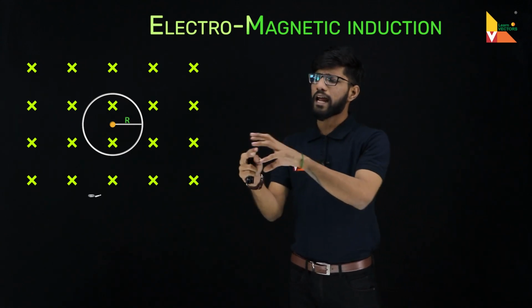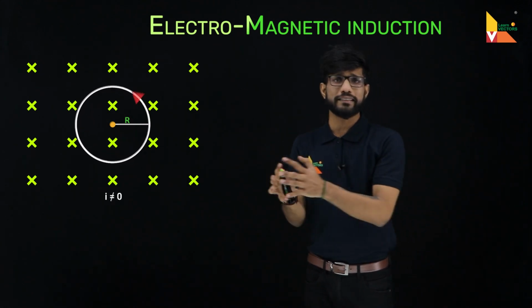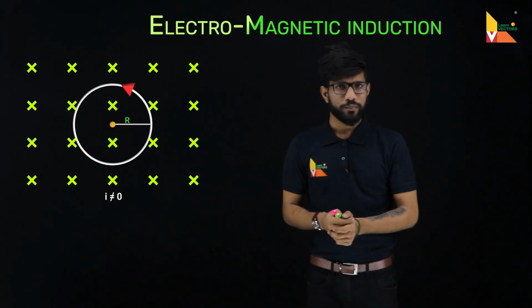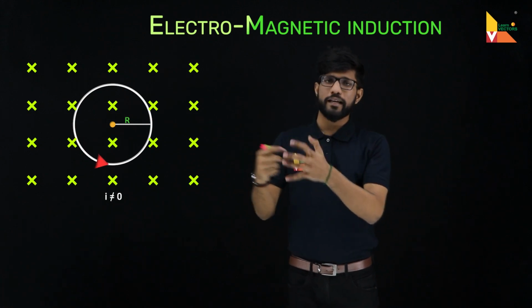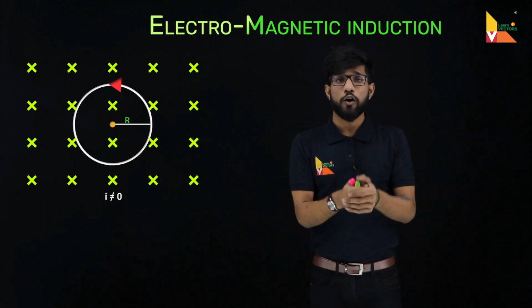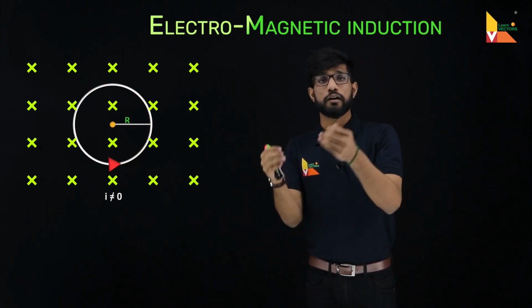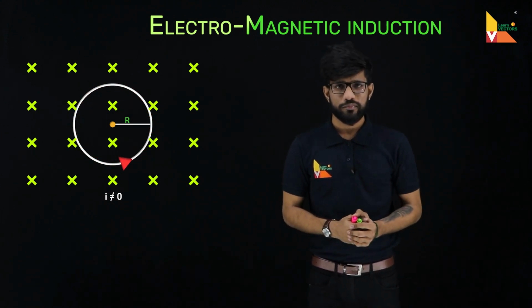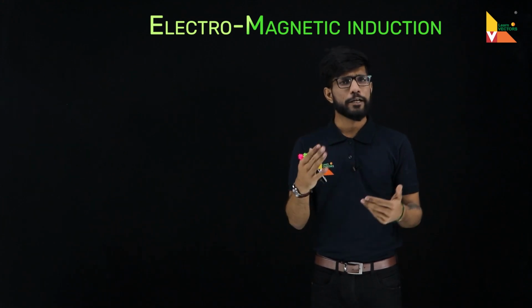That means, let's say I am expanding the loop, increasing its radius, which means I am increasing the area of the loop. It was still observed that there was some current induced in the loop. From where is this current coming? That current is known as induced current.